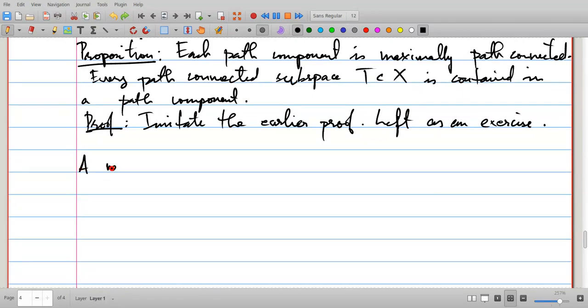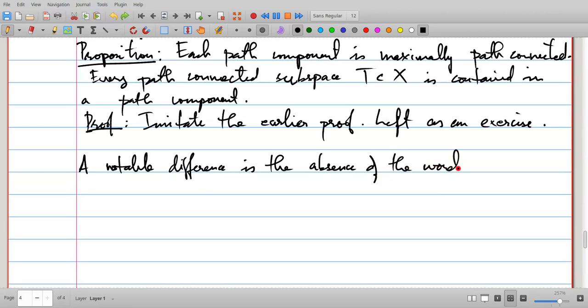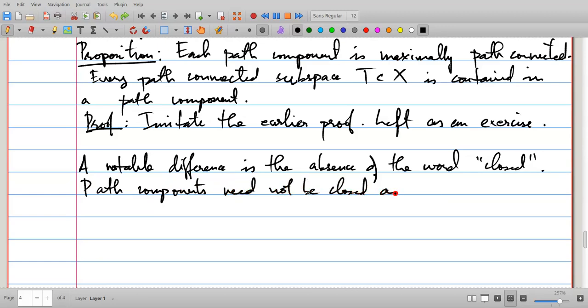So a notable difference between the two propositions is the absence of the word closed. So path components need not be closed, as the example below shows.